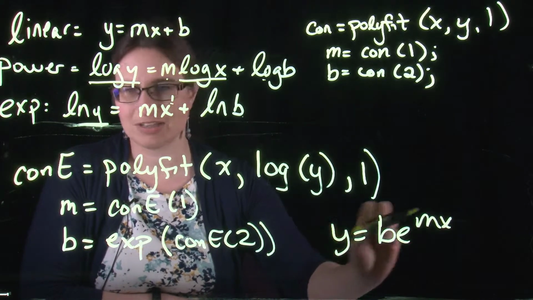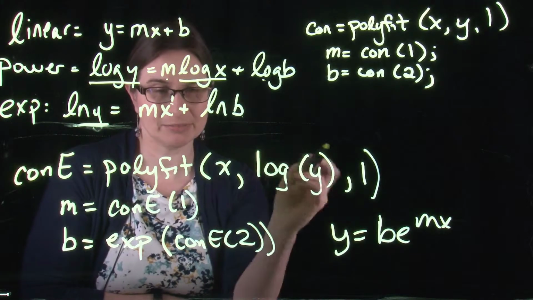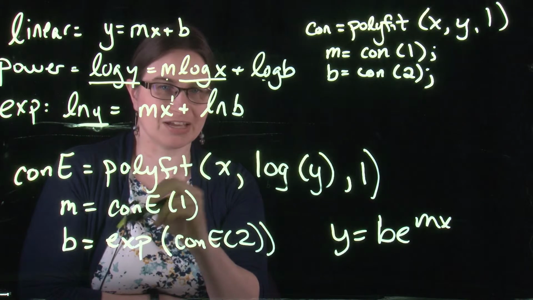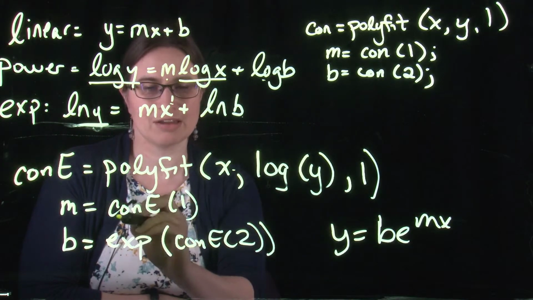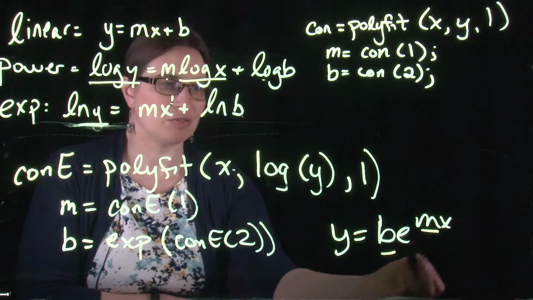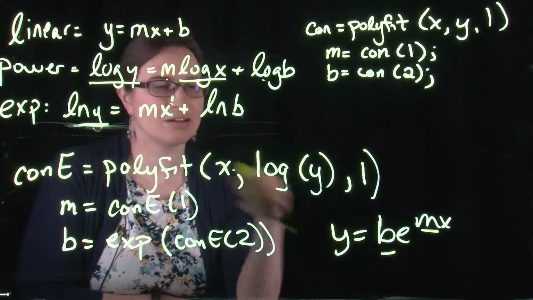Y equals b e to the mx. Okay, so if we have our data set and we plot it, okay, and we're looking for what those constant values are for our best fit line, we use polyfit, enter our data in this way, and we end up with our constants for m and b here in our equation. We put those in for our data set x, and we end up getting our best fit line for y.